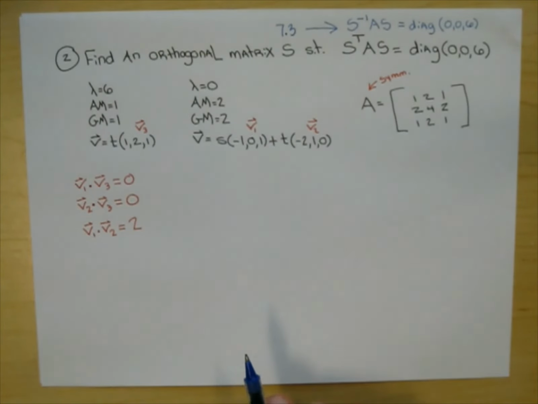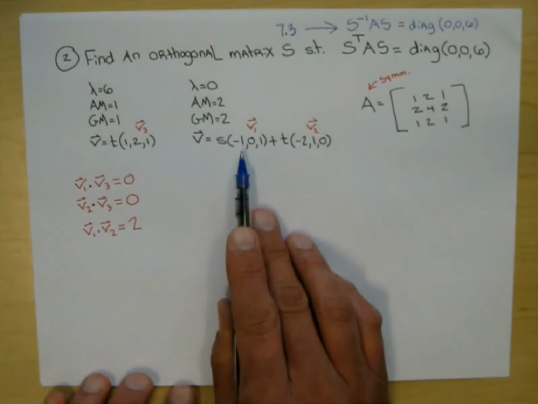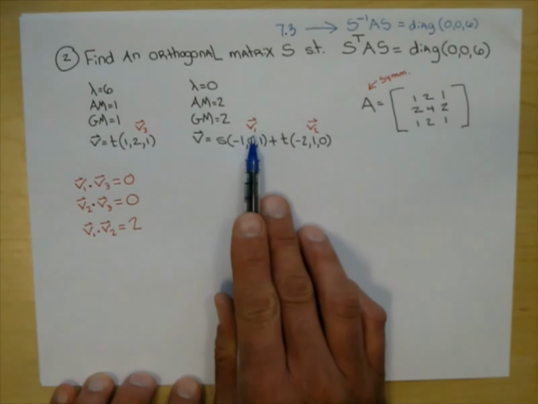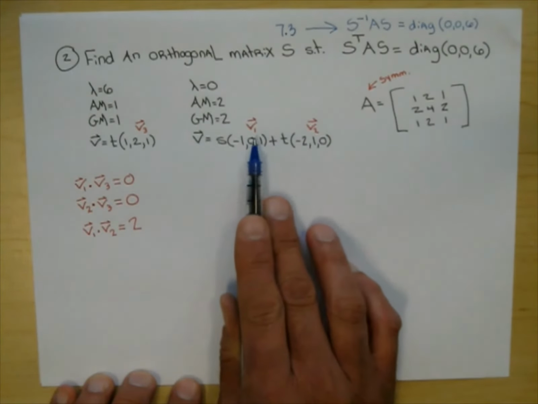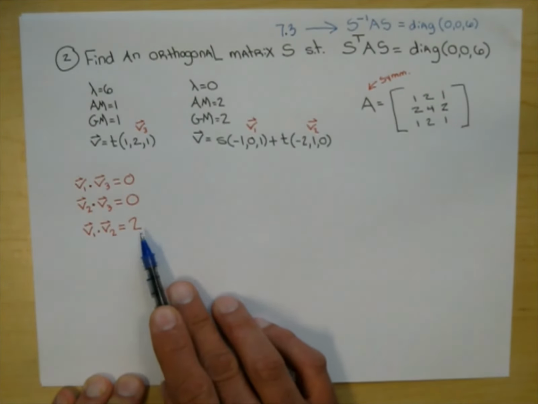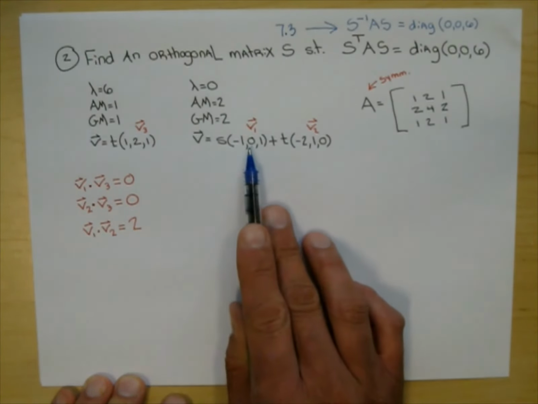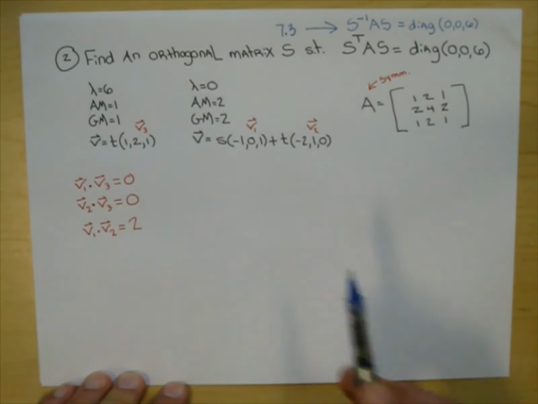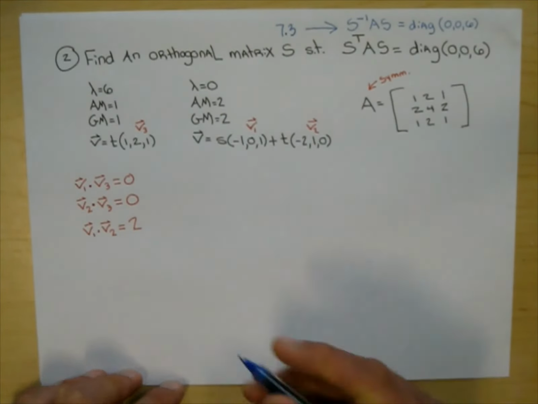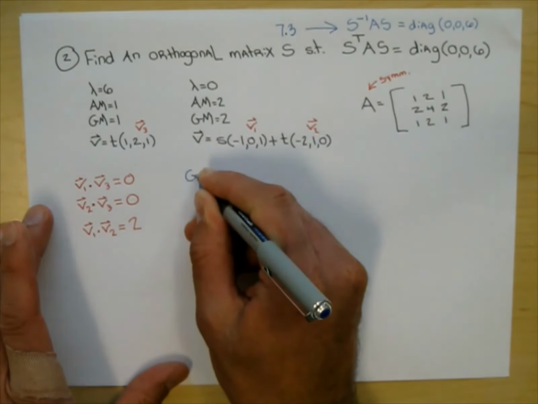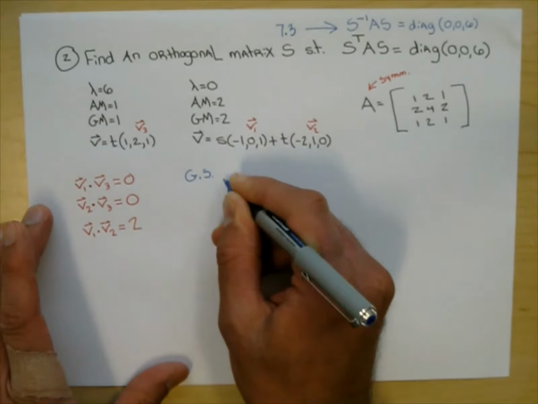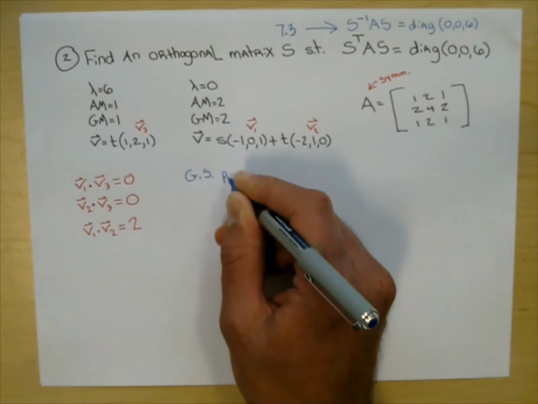So what am I going to do? It would almost be an orthogonal matrix if those guys had a dot product of 0, but they don't. So what I have to do to these two vectors you are not going to like. I'm going to have to do the Gram-Schmidt process.